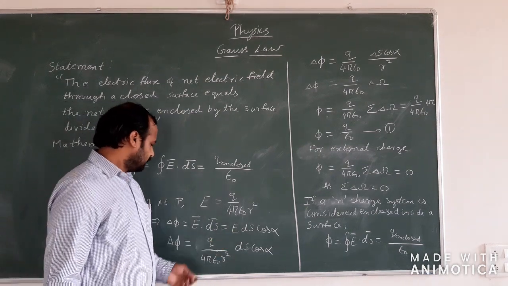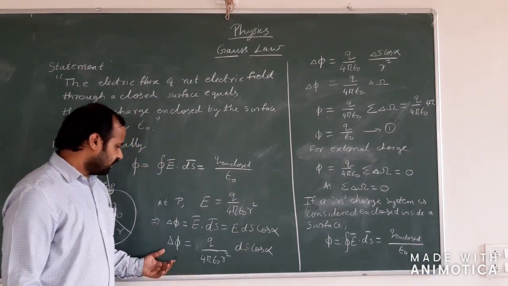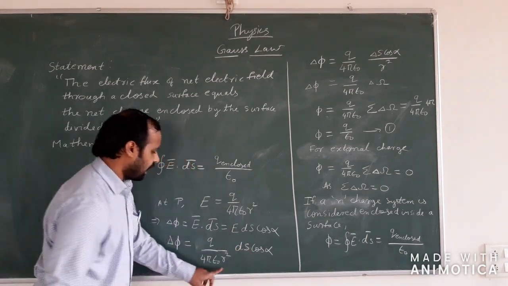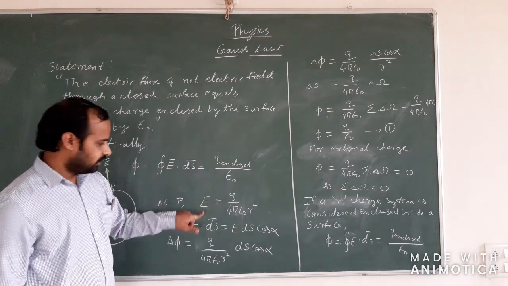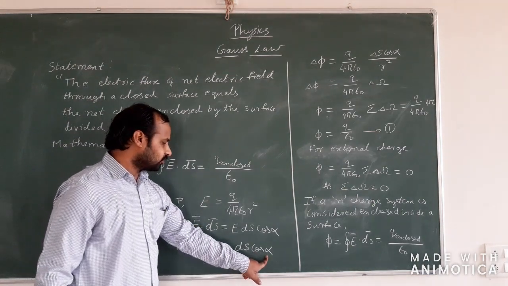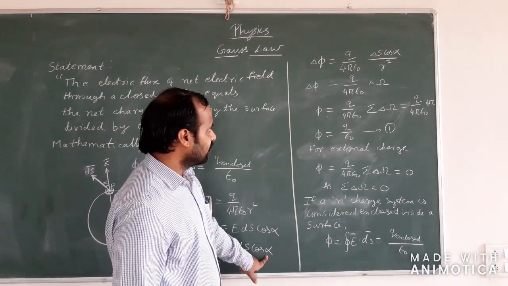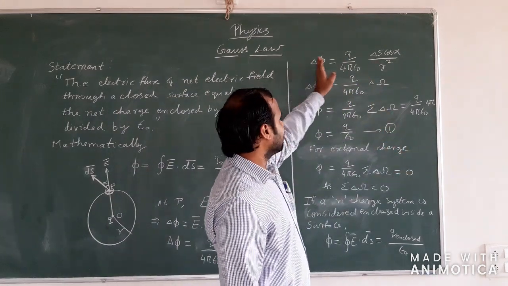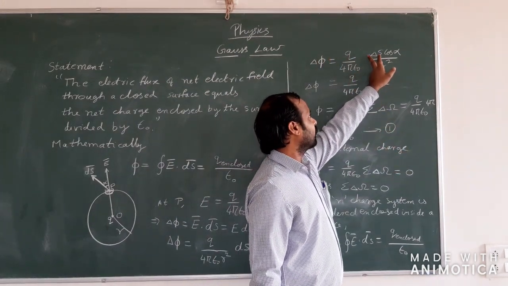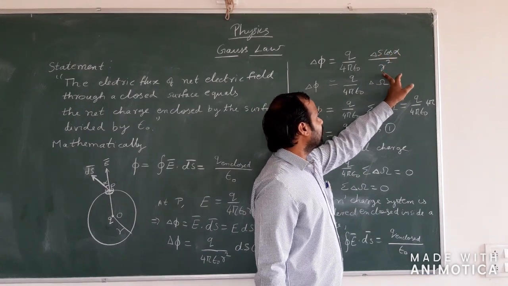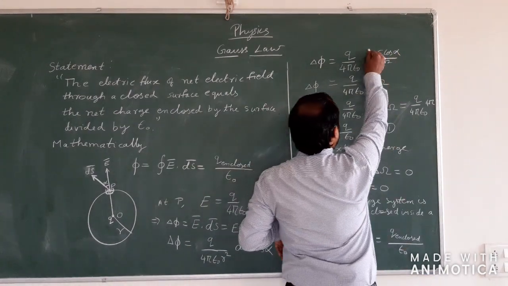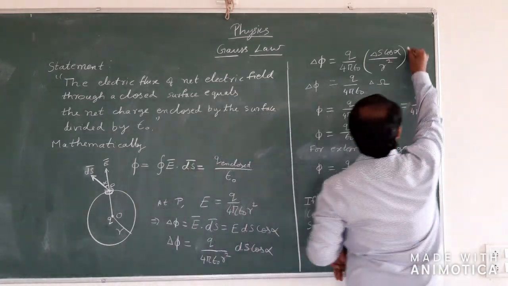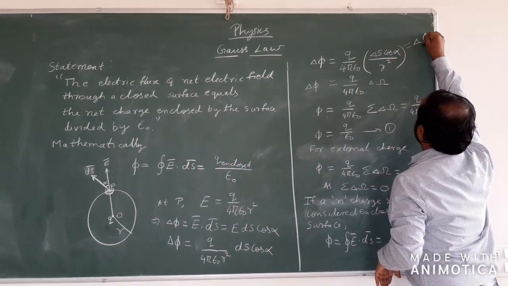So delta phi equals q by 4 pi epsilon naught r square, substituting for E, and ds cos alpha we keep as it is. Rearranging the terms, delta phi equals q by 4 pi epsilon naught into delta s cos alpha divided by r square. This quantity, delta s cos alpha by r square, we put as delta omega.